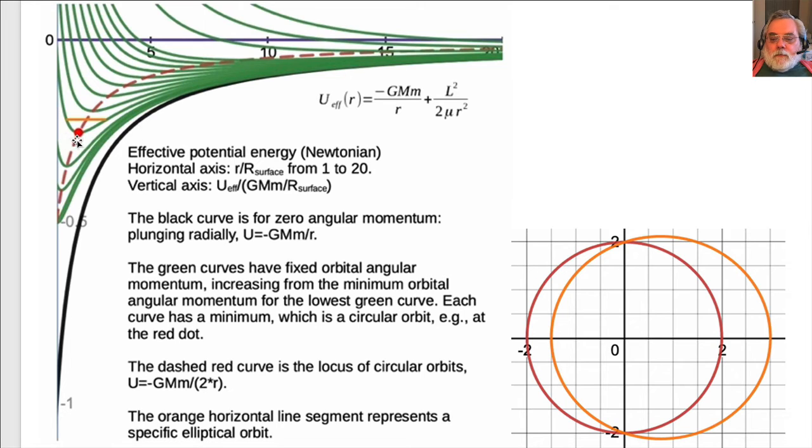The orange horizontal line segment, representing the orange elliptical orbit, has the same angular momentum as for the red dot, but more energy, less negative. And therefore it has a larger semi-major axis. The semi-major axis for the orange ellipse is longer than the radius of the red circle.